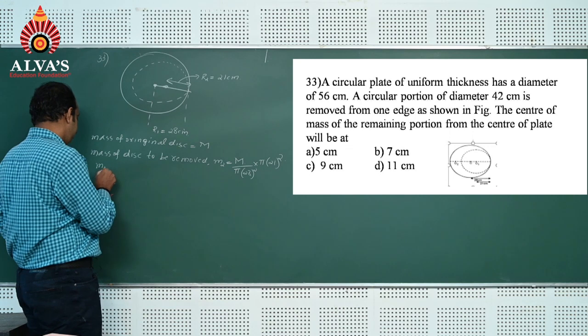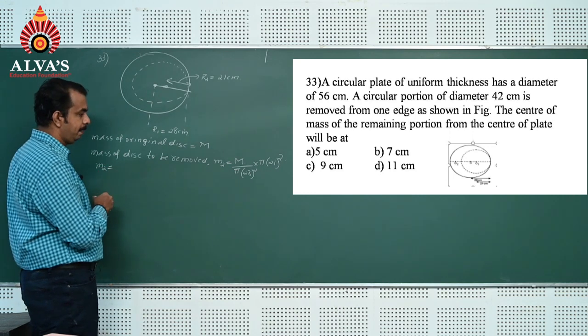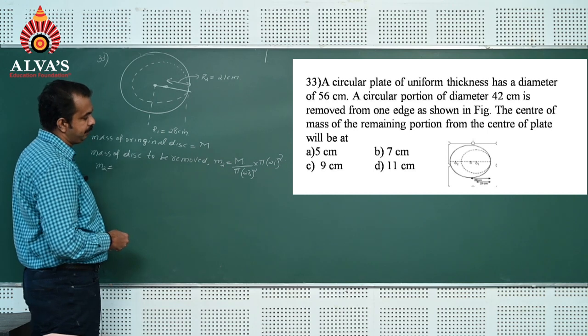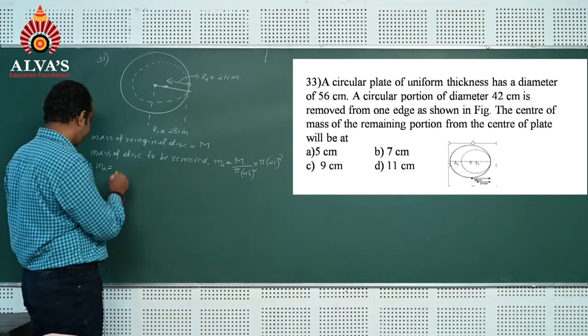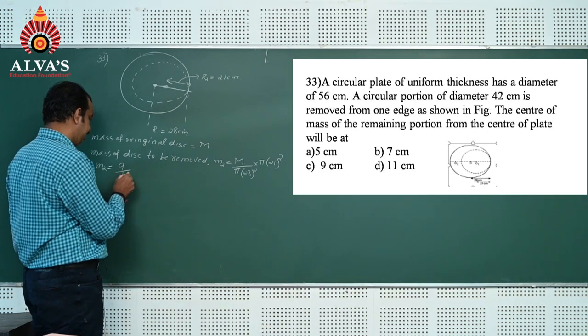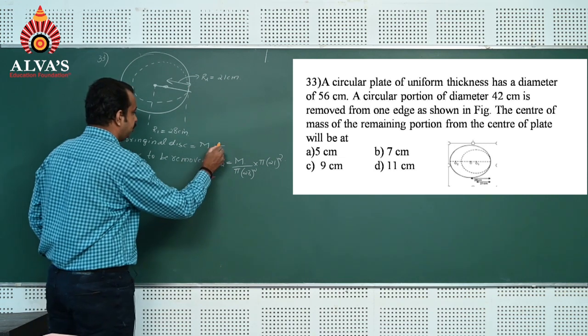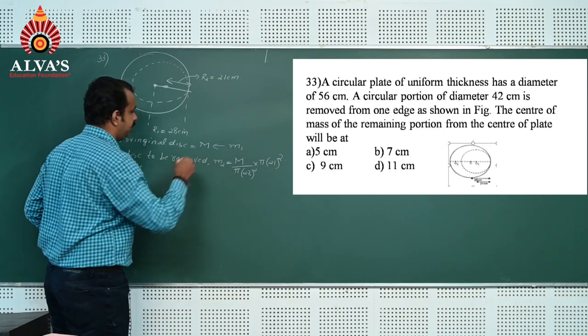So m2 is equal to, pi gets canceled, 21 by 28 is 3 by 4, so 9 by 16 m. This is the value of m2. This one I would like to take as m1.